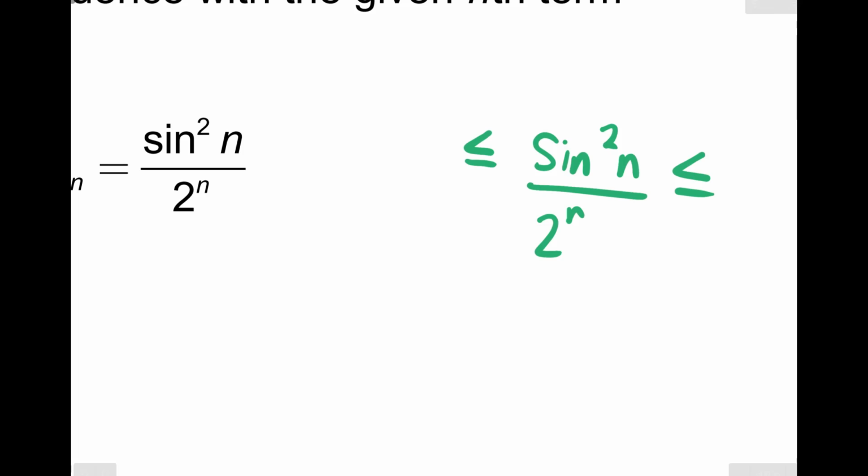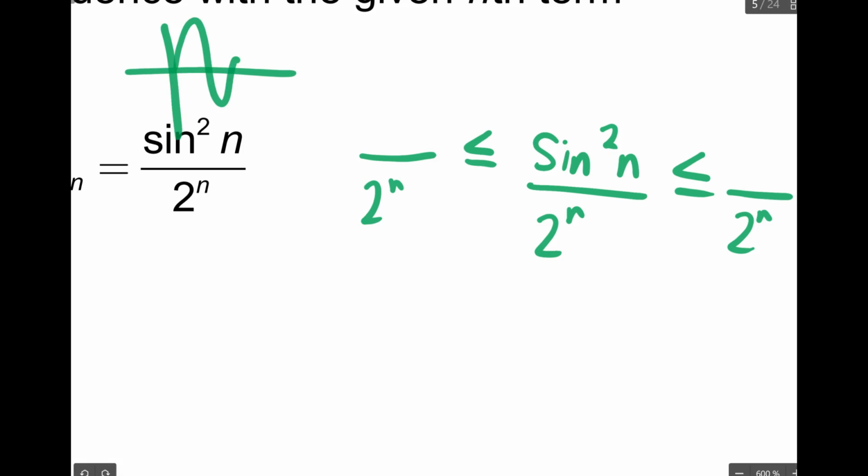So I clearly am gonna have to have something over 2 to the n, because that guy won't go away, right? That 2 to the n is the thing that's making it approach. It's always gonna be the same denominator, ideally.